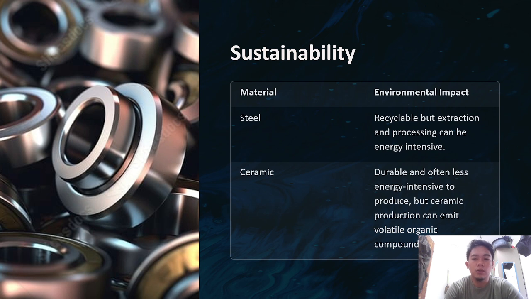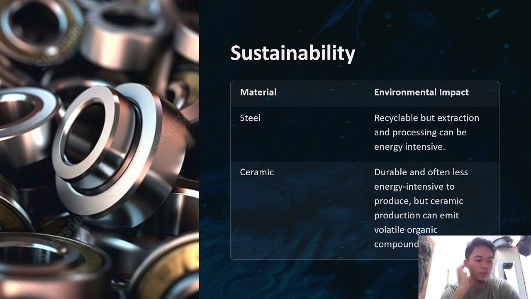So the other one is the ceramic. This ceramic is durable and often less energy intensive to produce, but ceramic production can emit volatile organic compounds. So also this ceramic, kilala sa kanilang tibay at mababang pangangailangan ng energy sa pag-manufacture nito compared doon sa steel.